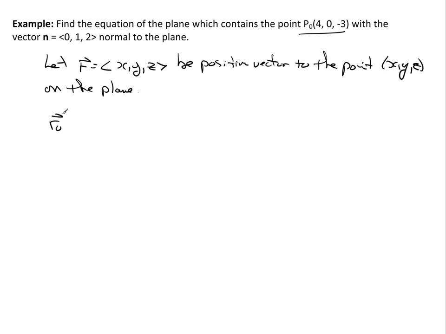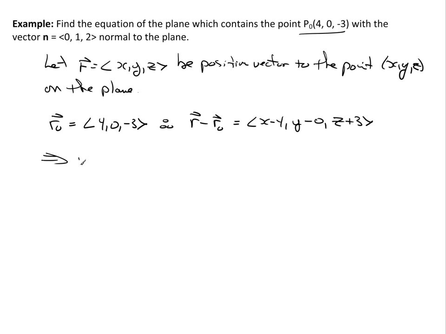Now r0 is going to be the position vector to the point (4, 0, negative 3). Therefore, r minus r0 is going to be (x minus 4, y minus 0, and z plus 3).